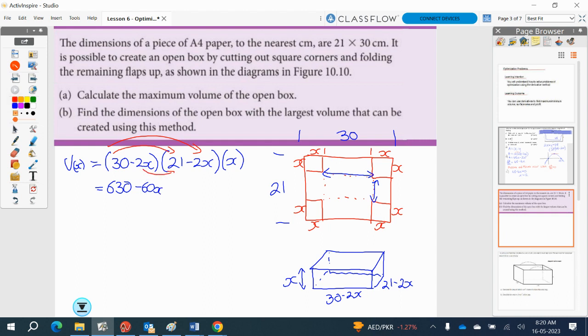Let's do this one, the minus 42x one: minus 42x. And then lastly, plus 4x squared.